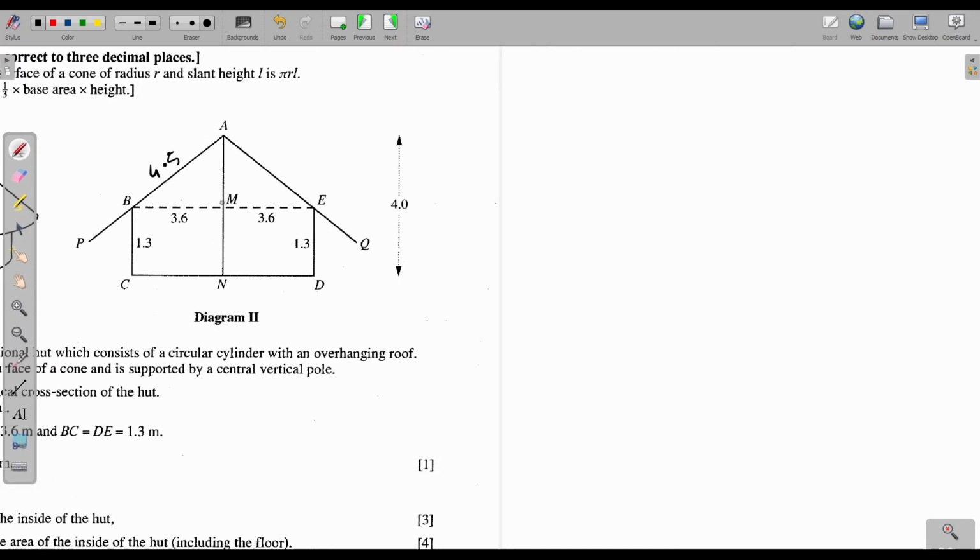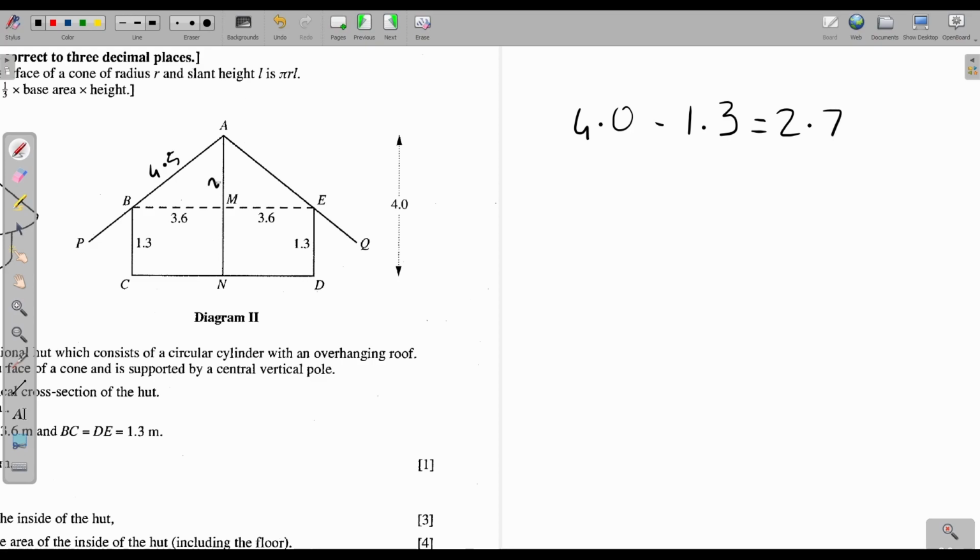The first thing we can do is find out what this part is, and then we can simply use Pythagorean theorem. How are we going to find that out? Well, it's pretty simple. We know what the whole thing is, and we know what this part is. So we can just take 4.0 minus 1.3, which leaves us with 2.7.